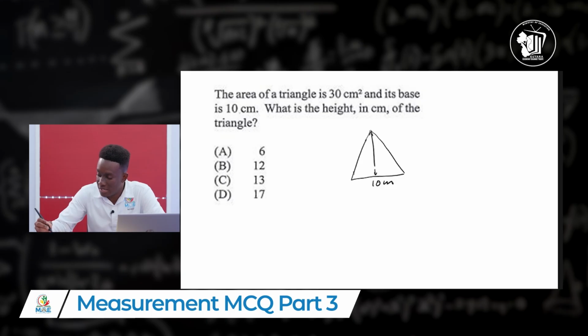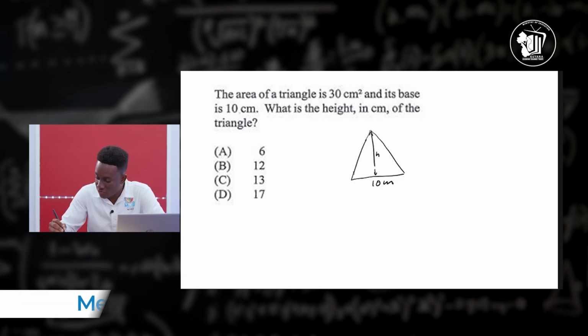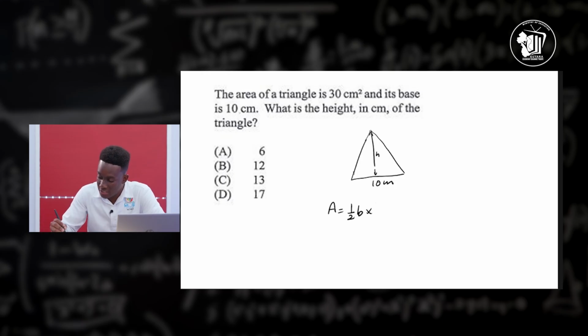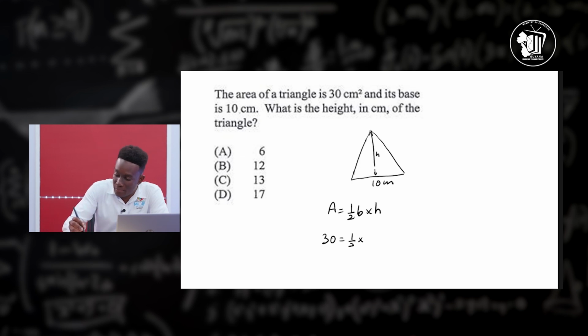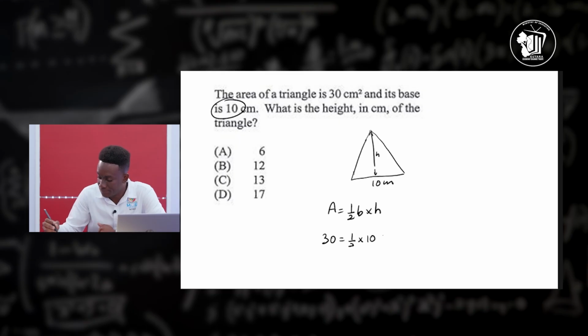In order to find the area of a triangle, it's half base multiplied by the height. So they gave me the area to be 30, so I can say 30 is equal to half multiplied by the base 10 multiplied by the height.